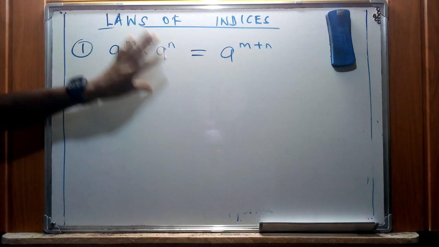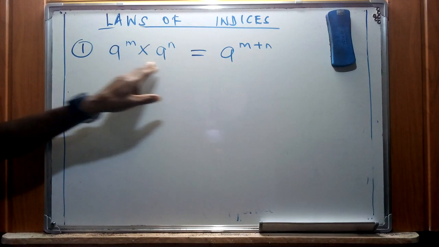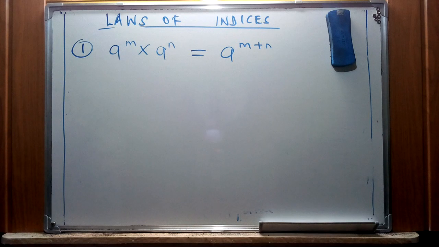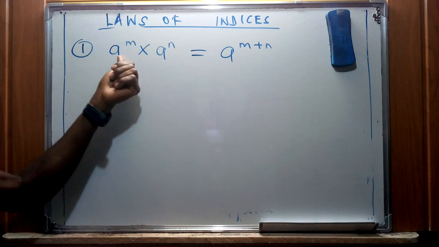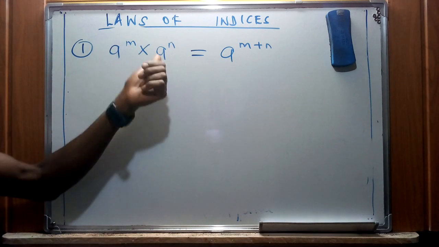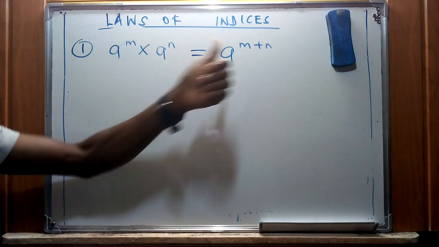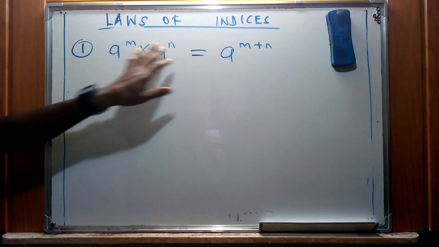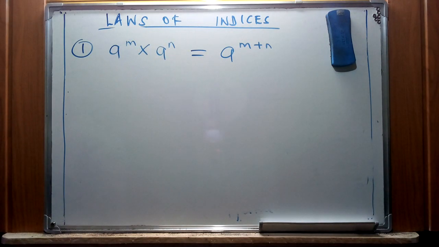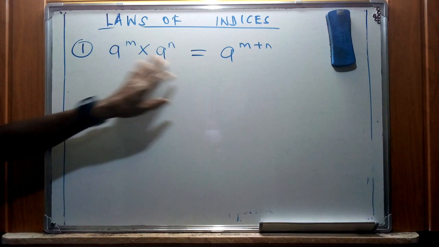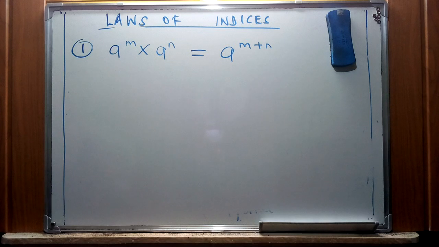So they can be of different forms, but this is our first law of indices. It dictates that whenever we have a number a raised to an exponent, multiplied by a number a raised to a different exponent, then we're going to have a sum of the exponents. And even if it's the same, still that is going to be applicable. But in this case, I've just given it a different exponent in order to make a difference.